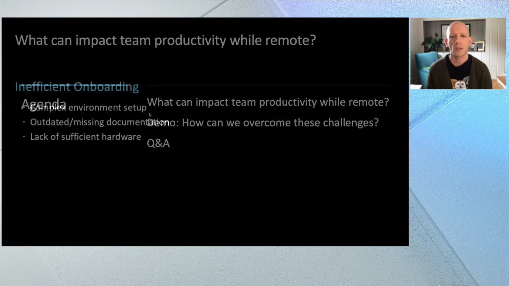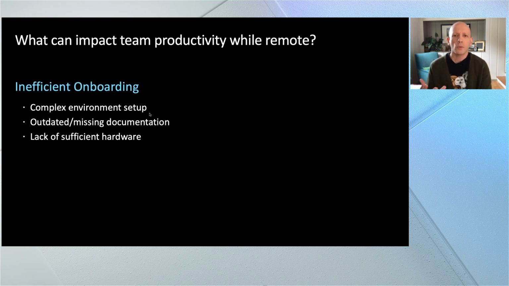So when we talk about being productive, through the lens of this discussion, the way that I want to define that is, how do we ensure that when a developer on a team starts on a new project, takes on a new task, or works on a bug or user story, that we get them from zero to contribution or deploying to staging or production as fast as we humanly can, right?